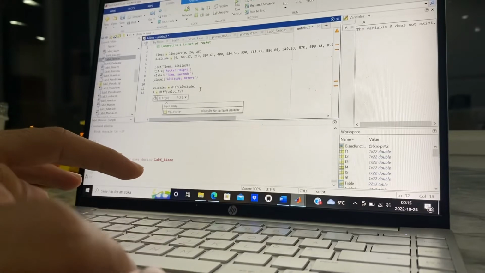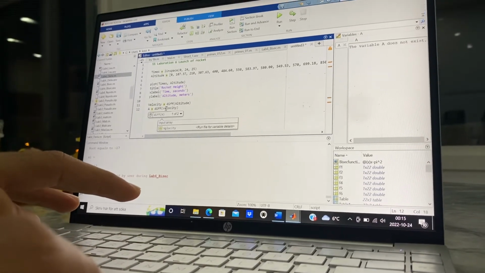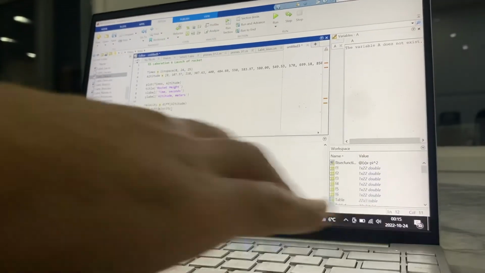Velocity. So it's going to be a big V here.